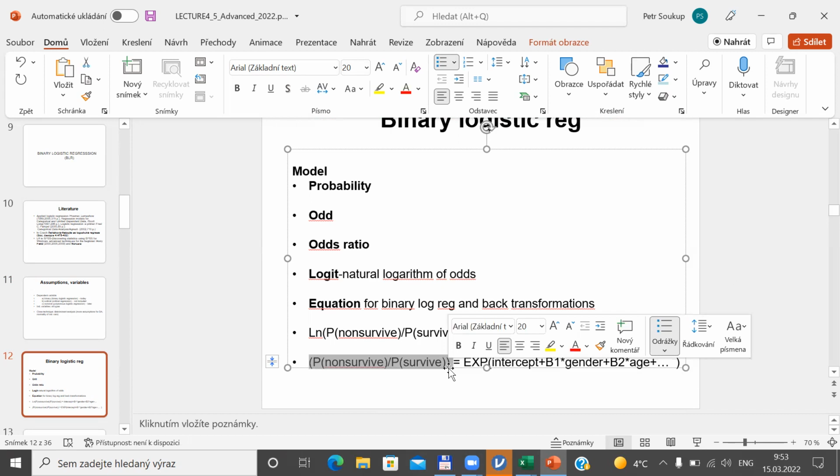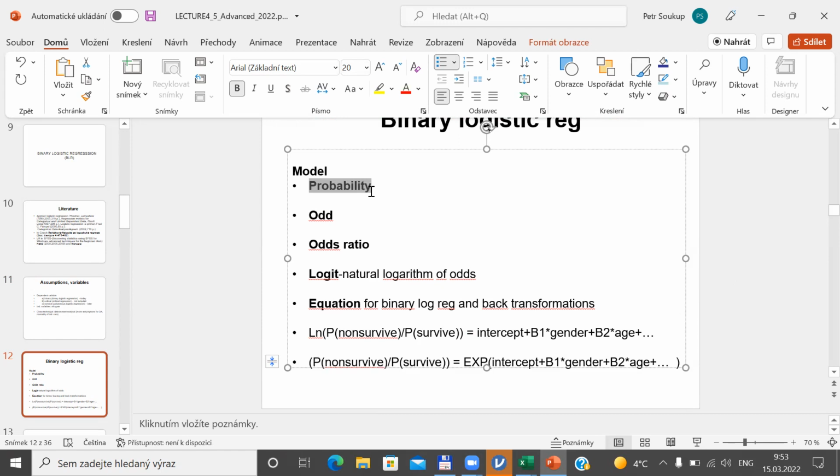And maybe you would like to take one more step to go back to probabilities, not only to odds ratios. So there would be some more computation that I would express probability of non-survive as some expression. We will try to make this procedure next time, as I will show you also some trick how we can graphically interpret results from logistic regression, but it would be next time.